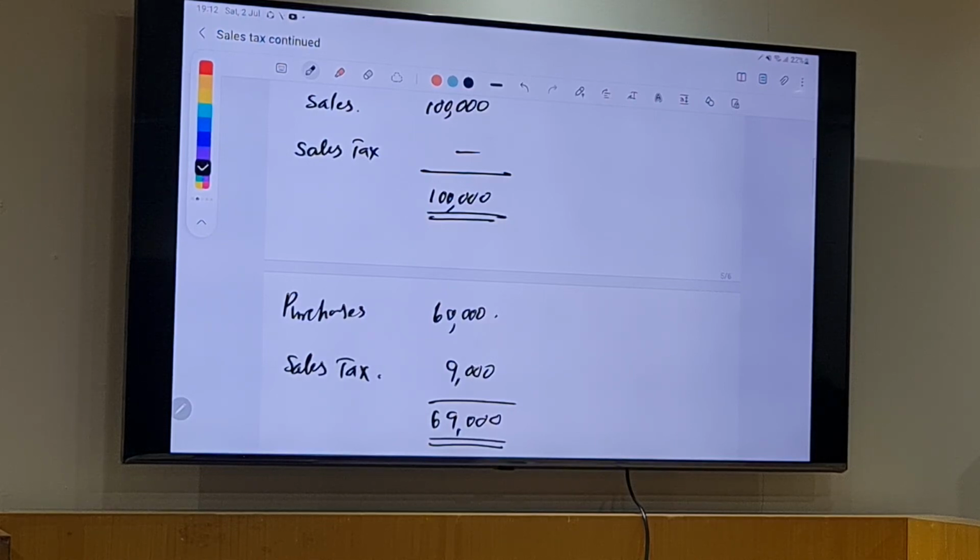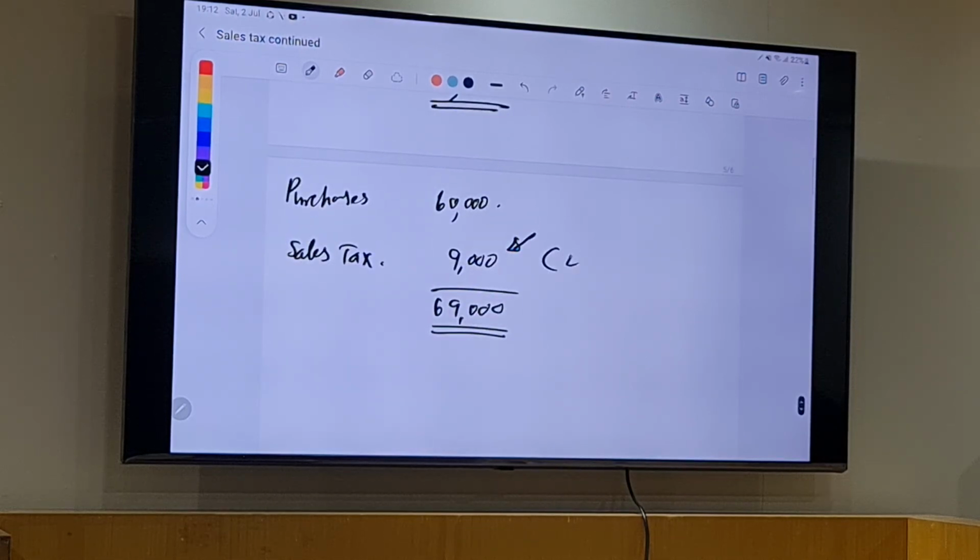Can you recover this 9,000? Now you are an unregistered business person, and if you happen to pay any sales tax to someone, since you are unregistered, you cannot recover any of that sales tax. So this one cannot be recovered. In that case, this will become an expense. So what will be my total purchase cost? 60. My purchase cost will be 60.